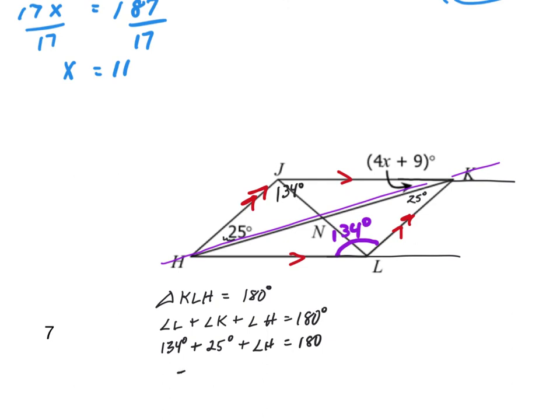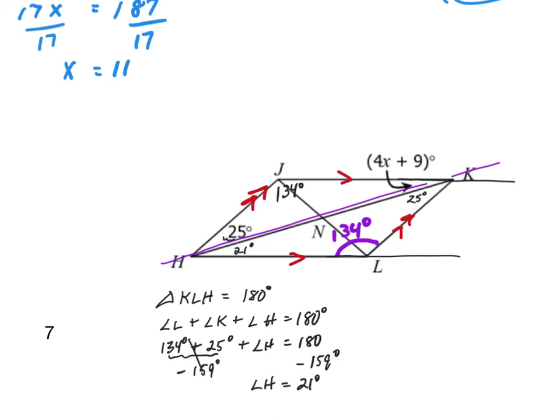I'm going to go ahead and subtract 159 degrees from both sides, and then I find out that angle H is going to be equal to 21 degrees, because that's what's left. Those are combining to 159 and they zero out.